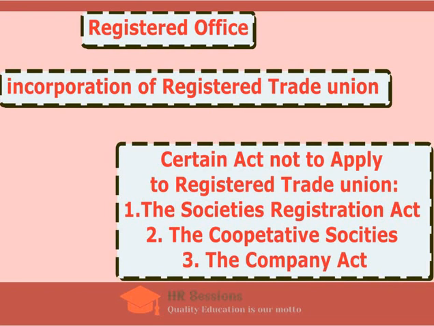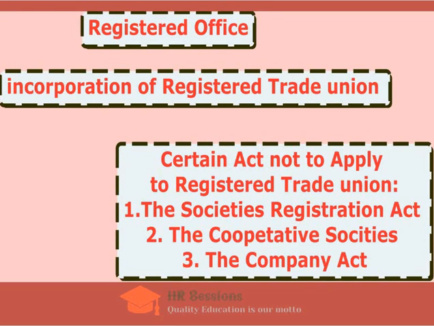Notice of any change or alteration in the address of the head office must be given to the registrar within 14 days of any change. Remember, it should be within 14 days of any change, and it should be in writing.